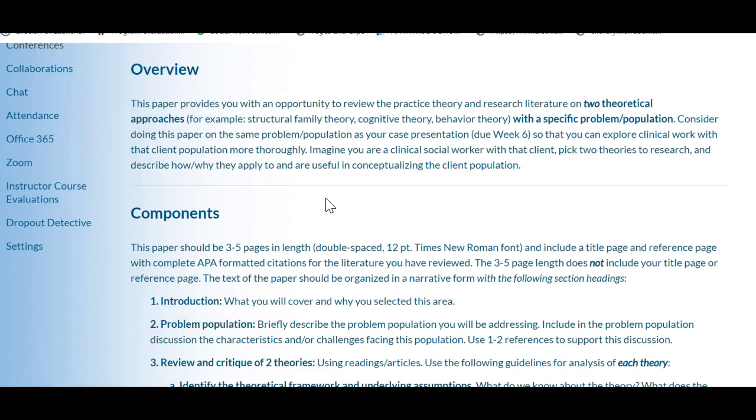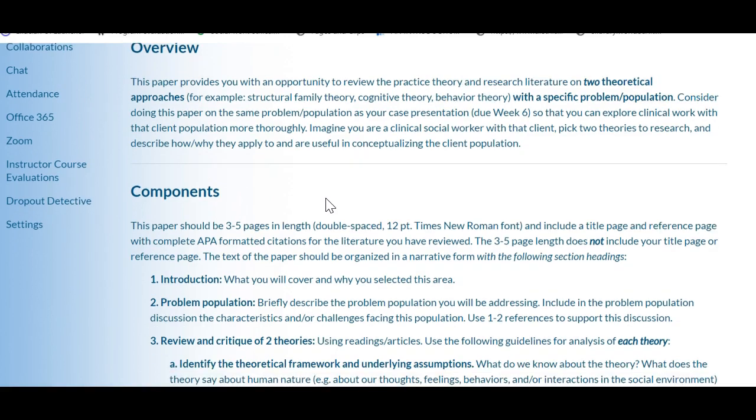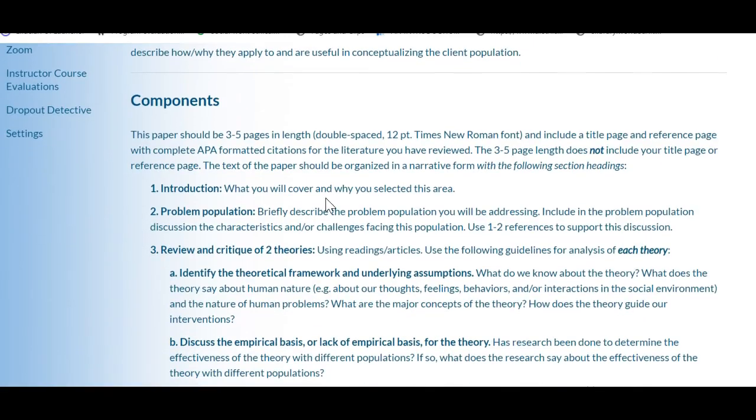Imagine you're a clinical social worker with the client. Pick 2 theories to research and describe how and why they apply to and are useful in conceptualizing the client population. Paper should be 3 to 5 pages in length. Make sure to use headings, as that helps to keep things organized and helps me to read the paper.